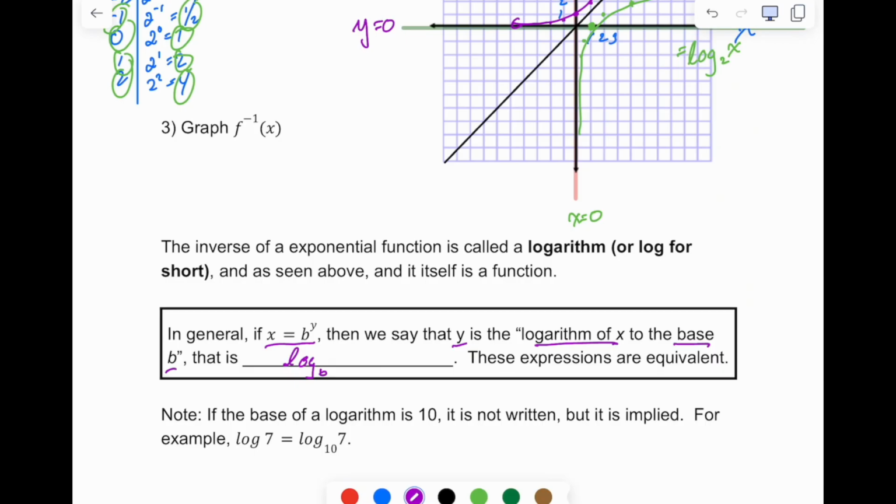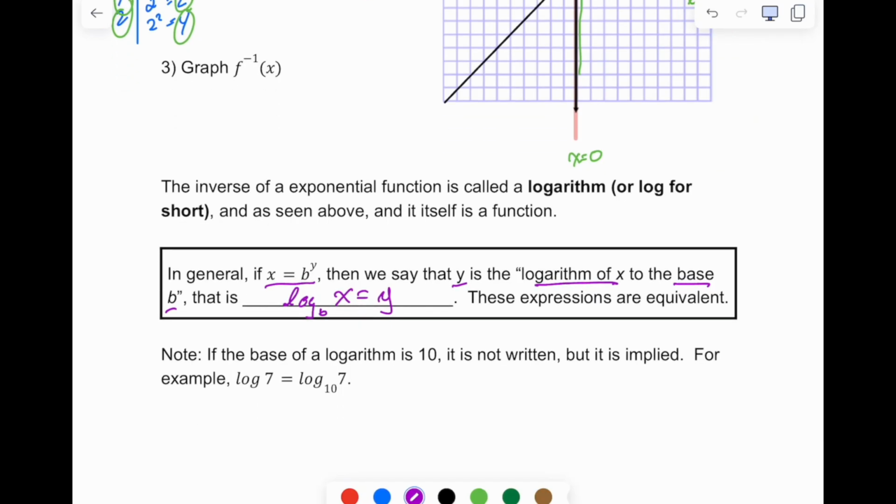In that case, that's going to be x. And the actual answer to that is the exponent. Okay, so if we think about exponential equations, the answer is that power. But when we look at logarithms, we're given the answer, and we want to know what exponent gives us that answer for that base.